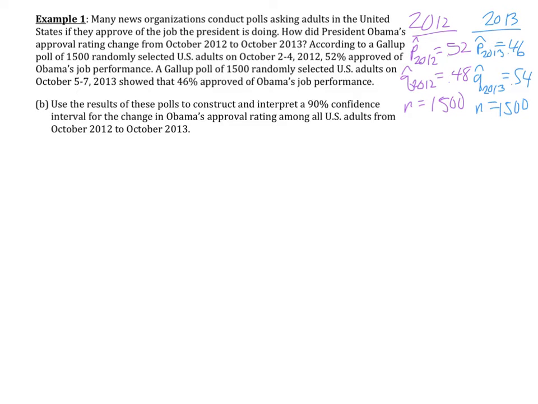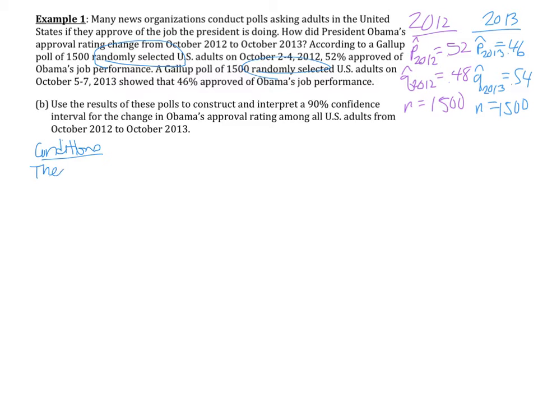So the next part of this example is going to involve constructing a confidence interval. Before we do our interval, we are going to write our conditions. My first condition is about random samples. They specifically tell us randomly selected US adults for both samples, which is good. We need it for both.